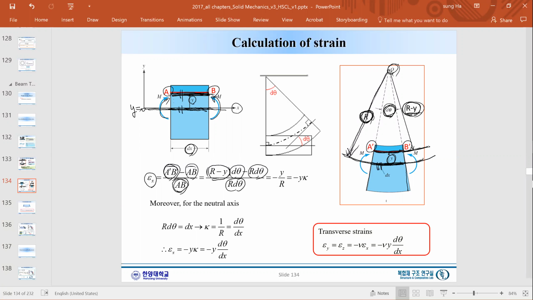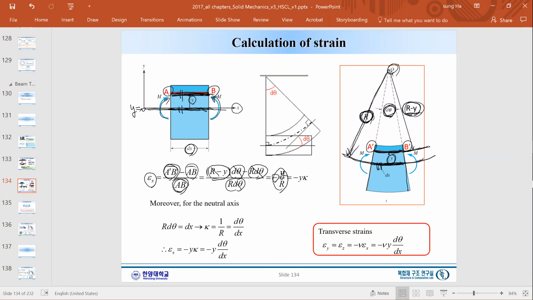Now this term and that term will cancel, and d theta disappears. So this is a very simple but very important equation. Epsilon x, the x-directional strain, is simply proportional to y divided by r. And there is a minus there.